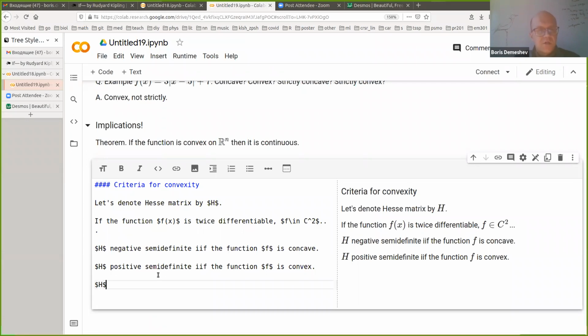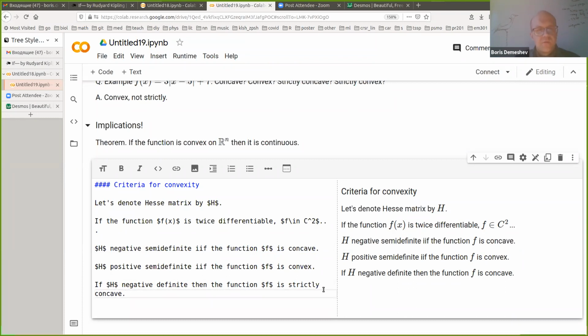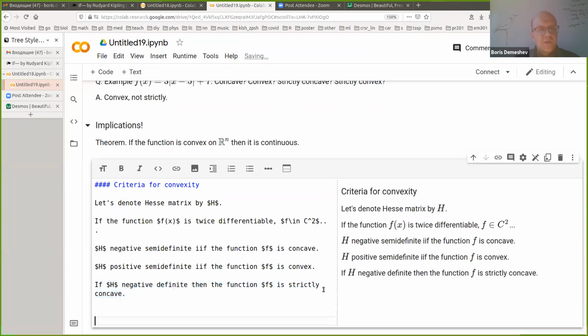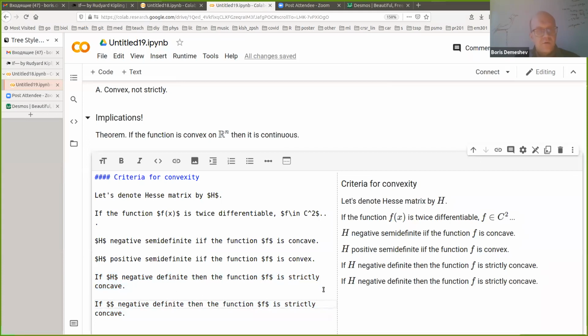If H is negative definite, then the function f is strictly concave, and we have the corresponding statement for positive definite. If H is positive definite, then the function f is strictly convex. Okay?